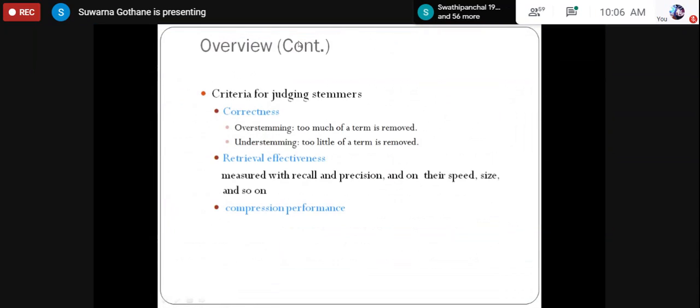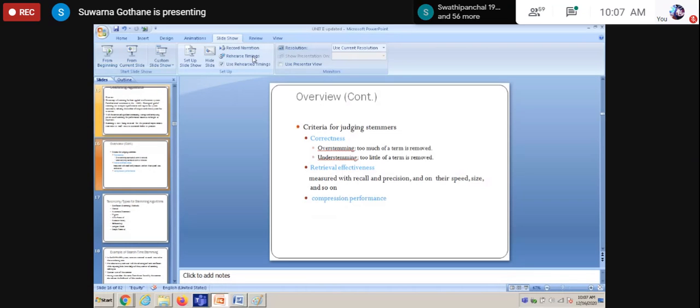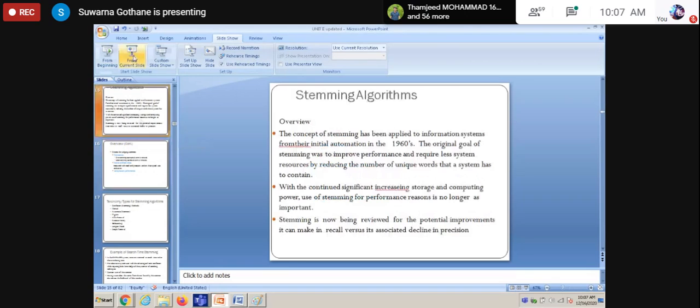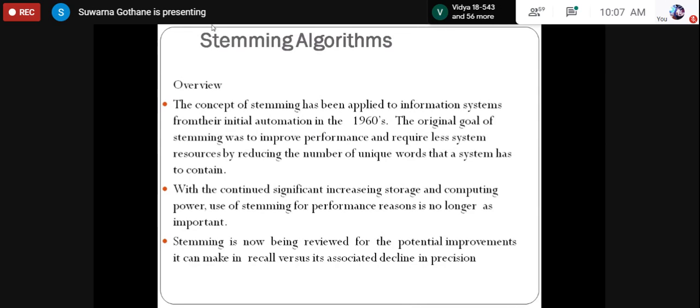In stemming we have two to three types of stemming algorithms. What is stemming actually? You should know what stemming is and the importance of this process. Stemming is one approach to reduce the size of your search.